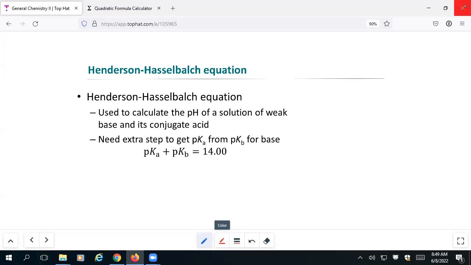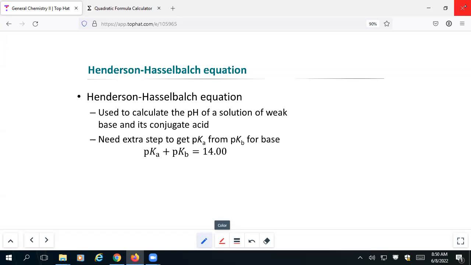Now, if we are looking at basic solutions, so let's say that instead of acetic acid and acetate, we're looking at ammonia and ammonium ion. Well, we could use the Henderson-Hasselbalch equation, but we would have to turn that Kb for ammonia into a Ka for ammonium to do it.